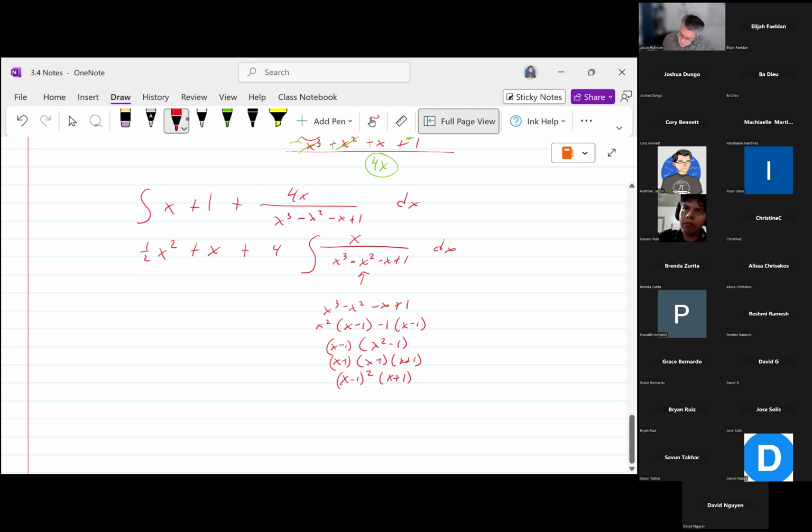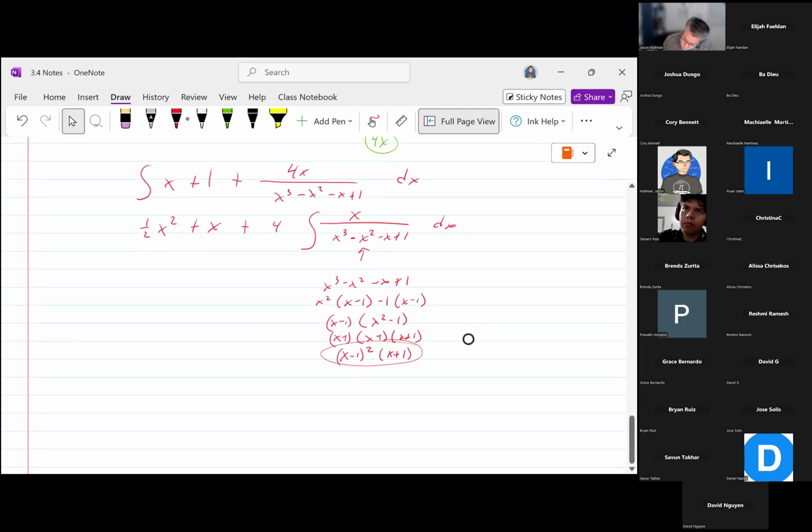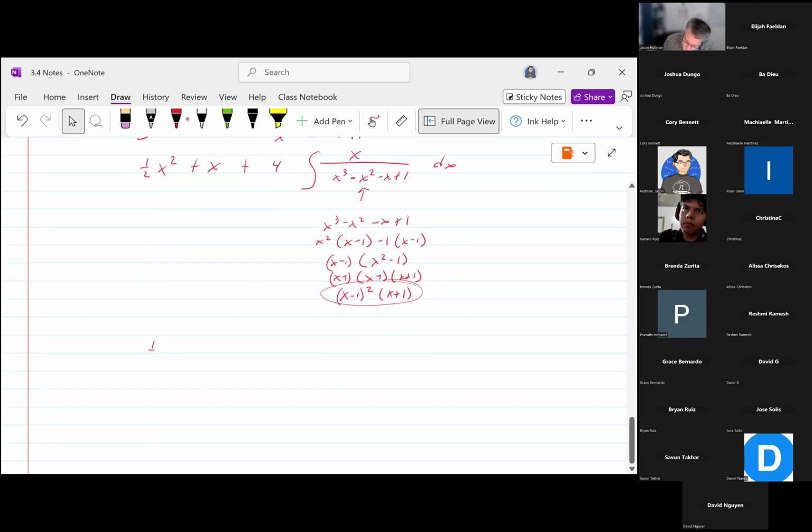Okay, that's the denominator factored. So we end up with 1/2 x squared plus x plus 4 times the integral of x over x minus 1 squared times x plus 1 dx.